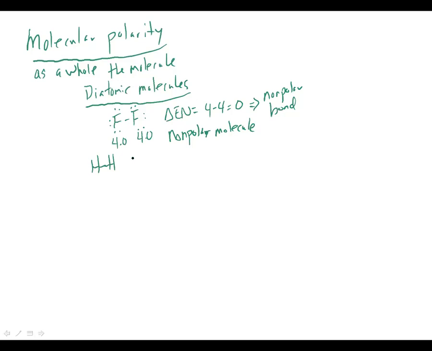So again, when you do that difference in electronegativity, you are going to get a difference of 0. For example, I believe hydrogen is 2.1. So 2.1 minus 2.1 will give you a difference of 0. So again, that tells us this is a nonpolar bond. And because it's a nonpolar bond, and that's the only bond in this entire molecule, the molecule itself will also be a nonpolar molecule.